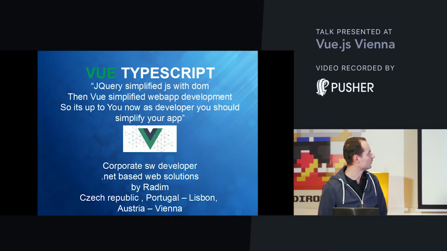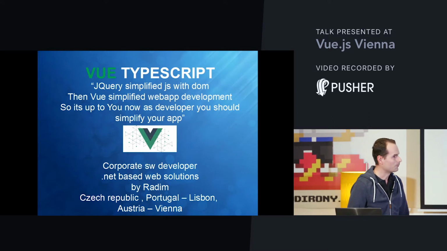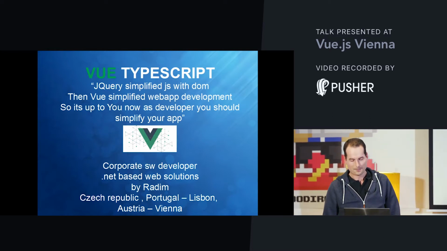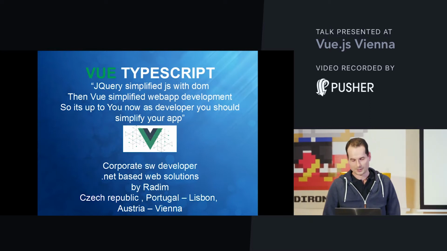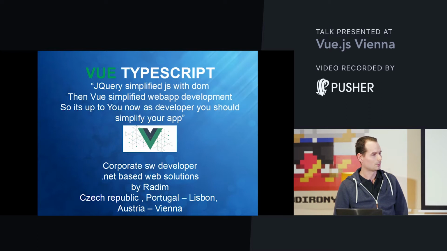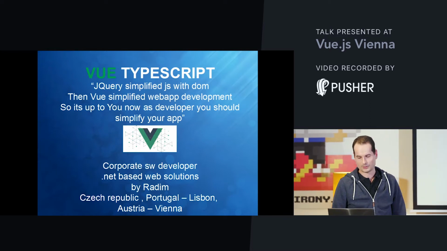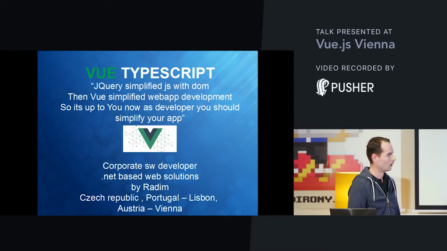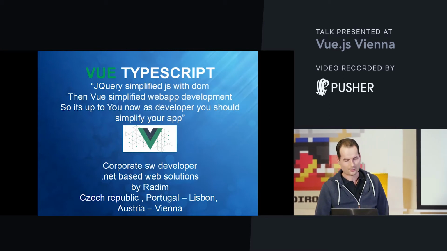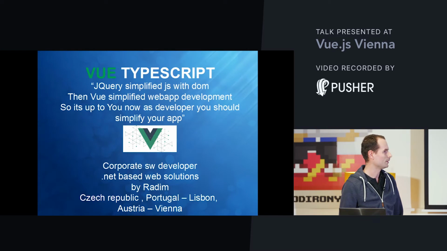Some motivation around TypeScript: there was the jQuery thing. At the beginning, it was like a big boom. It simplified the manipulation of the DOM via JavaScript. Then came Vue as a tool that simplified web application development.